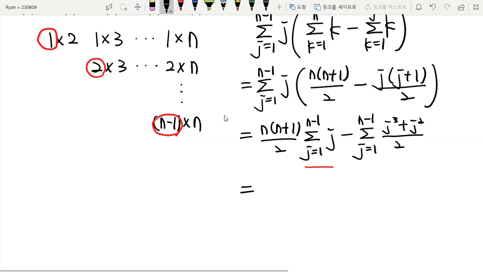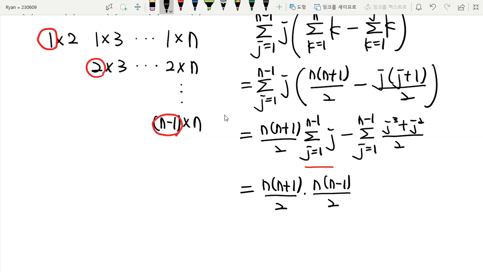So if we add 1 through n minus 1, the sum will be n times n minus 1 instead of n plus 1. And there is also a formula to find the sum of the cube and squared, like this.